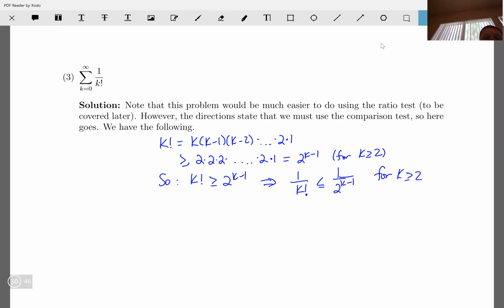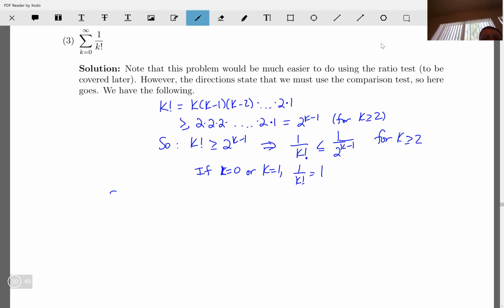For k equals 0 or k equals 1, 1 over k factorial is 1. Okay, so we can look at the summation as k going 0 to infinity, 1 over k factorial, as 1 plus 1 plus the summation k equals 2 to infinity of 1 over k factorial. All right, so now all we have to do is look for the convergence of this guy.